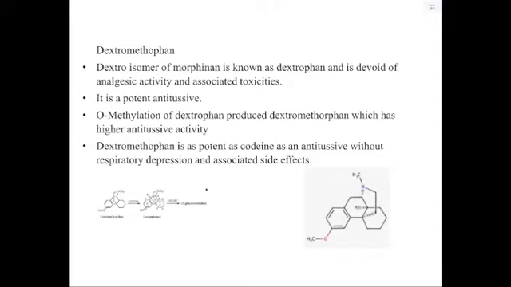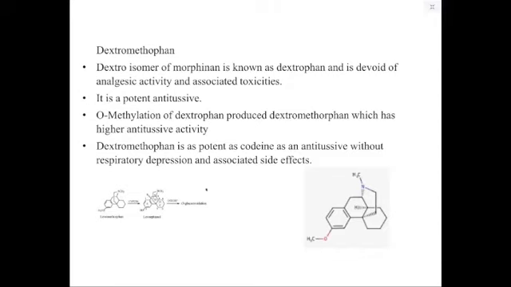Added to that, the hydroxyl group at position number 3 has been changed to the methoxy group, again giving it higher antitussive activity as compared to analgesic activity. So master those changes. They are very important because once you make those changes, you also change the pharmacological activity of the drug. A drug that had abuse liabilities changes, and it can cause a little bit of toxicity, but minimal, and you can now use it in a cough syrup as an antitussive.